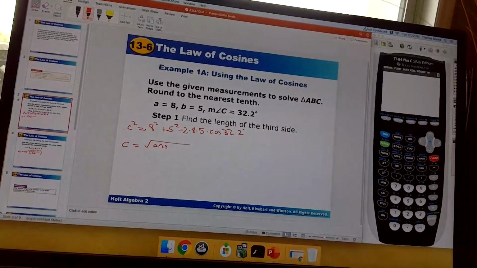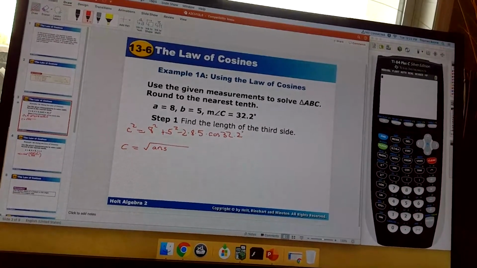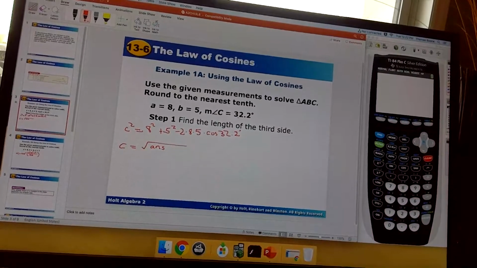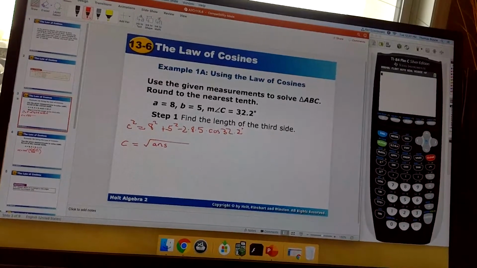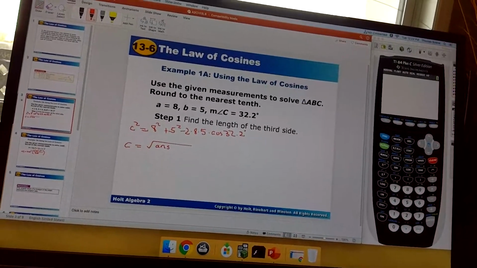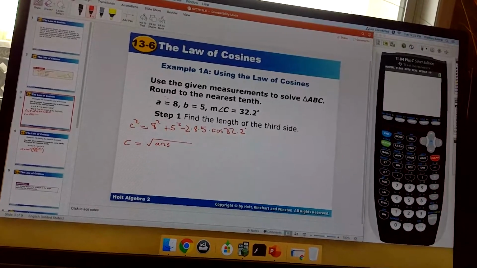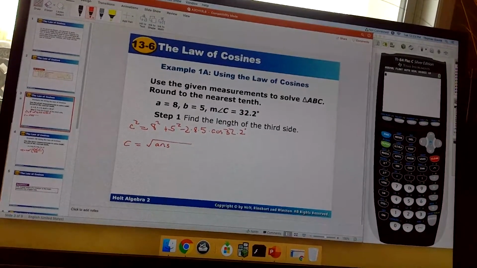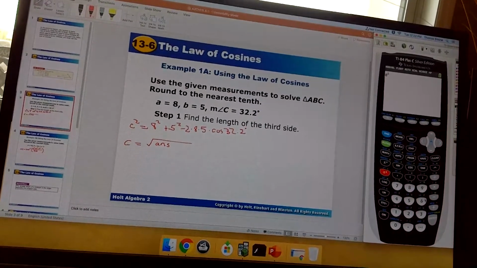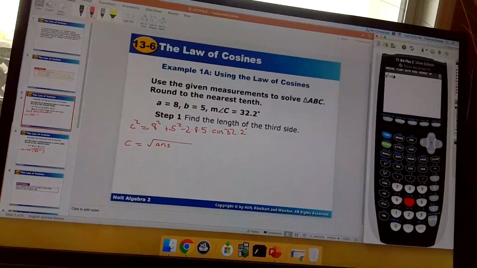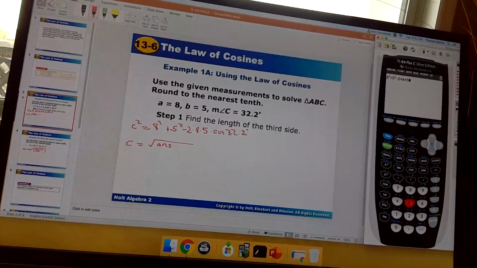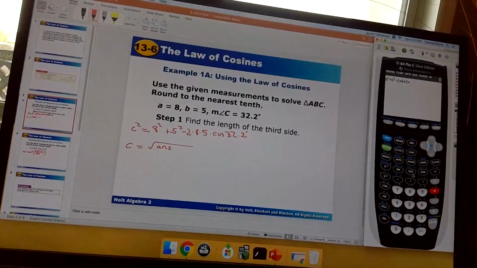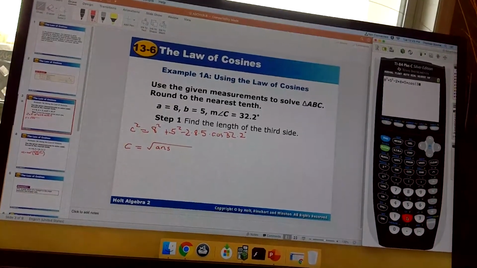All right, so let's say that side A is 8, side B is 5, and the angle in between is angle C, because that's across from side C. If we know those two sides and the angle in between, we can find that third side, side C. We'll just type it in as we go: 8 squared plus 5 squared, and then we subtract 2 times 8 times 5, multiplied by the cosine of 32.2 degrees.